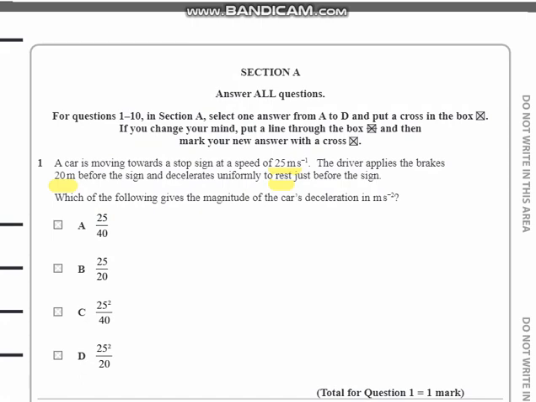So we'll use Suvat equations here. But which one? It depends on you. But I'll be using v square equal to u square plus 2as, because I have my initial speed and I have the distance, that's s, and I have the final speed, that's rest, and that's equal to 0.